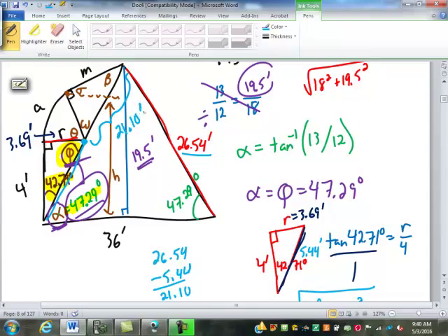Obviously not drawn to scale. But what I now know is enough pieces of this triangle here to work with it. Let me draw that triangle.